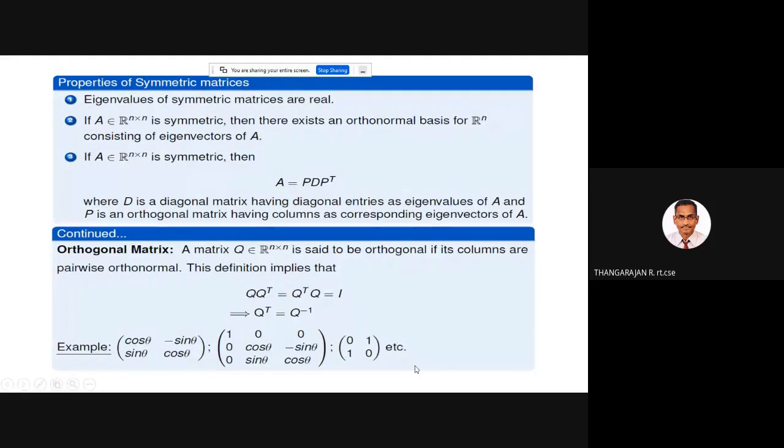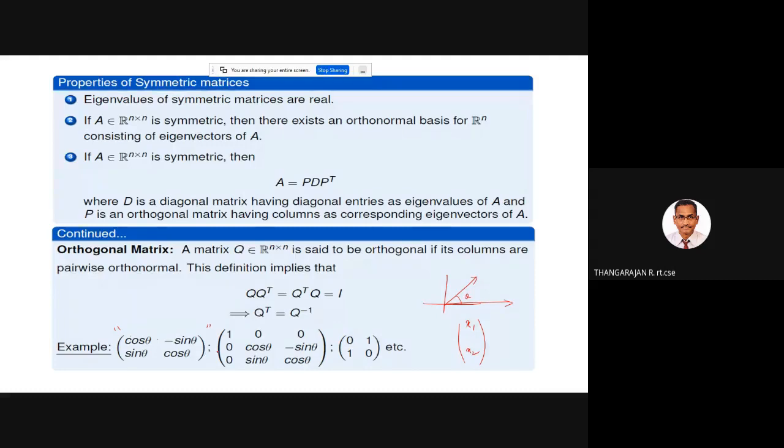Yes, this is the M matrix I told you about. This M matrix rotates a vector by an angle theta. So you have a vector like this, and I want to rotate it by an angle theta. In that case, what is the operator? This is the operator that operates on any vector, say x1, x2.